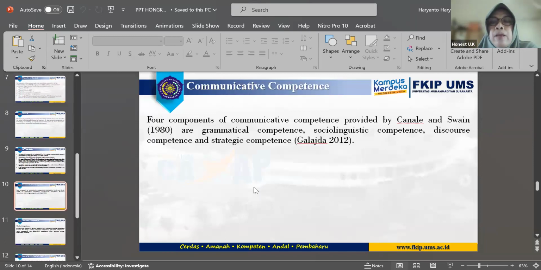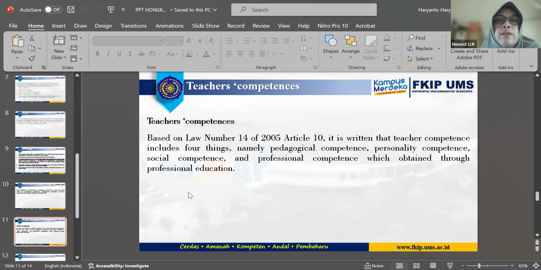Next, there are 4 communicative competences, written by Canale and Swain, which are grammatical competence, sociolinguistic competence, discourse competence, and strategic competence. And teacher competence itself consists of 4.